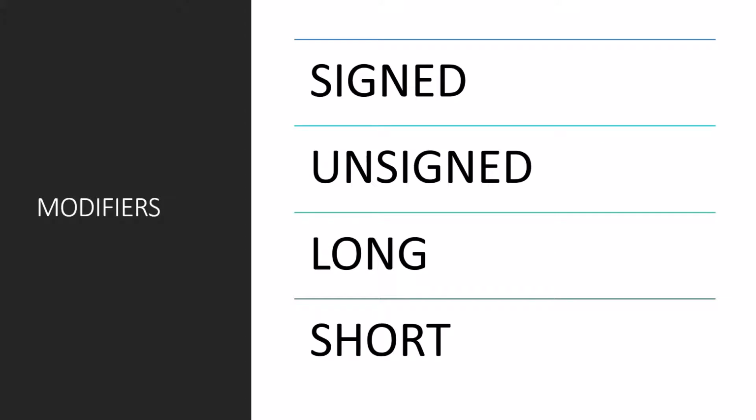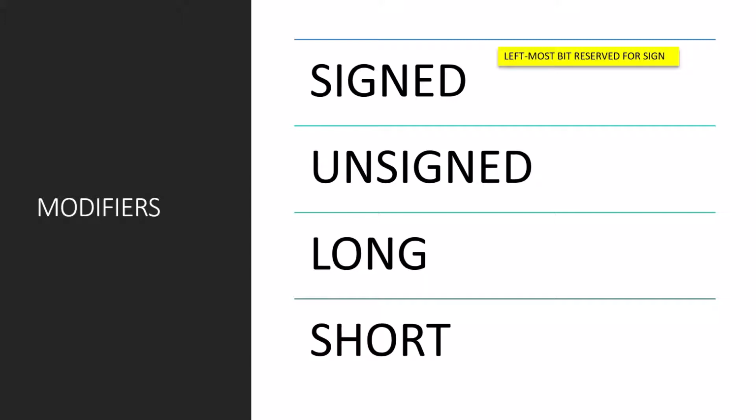Coming now to modifiers, which we can use alongside data types to qualify those data types. Let's take first signed versus unsigned. When we talk about a signed data type, what we're saying is that the compiler is going to generate code that will reserve the leftmost bit for the sign.